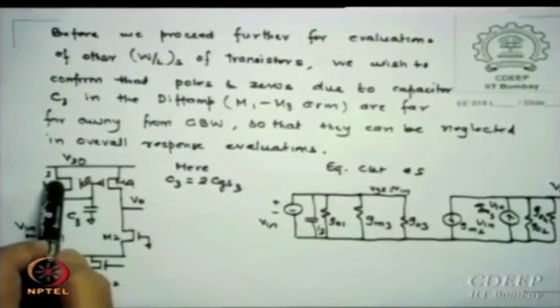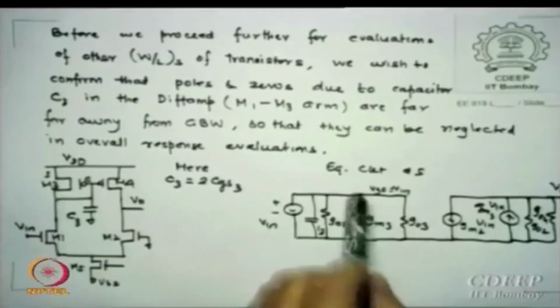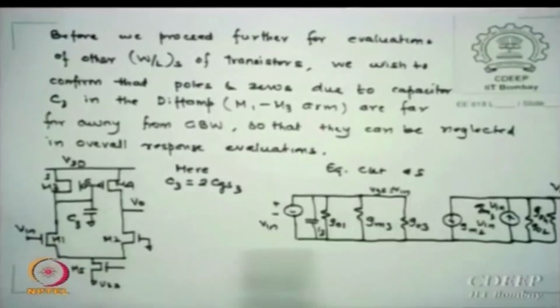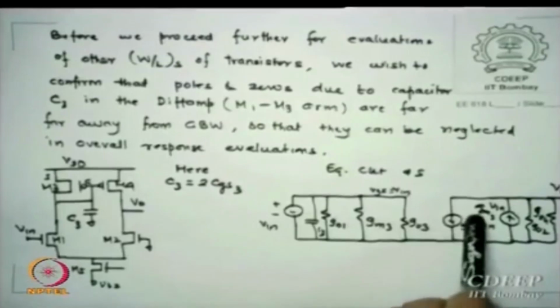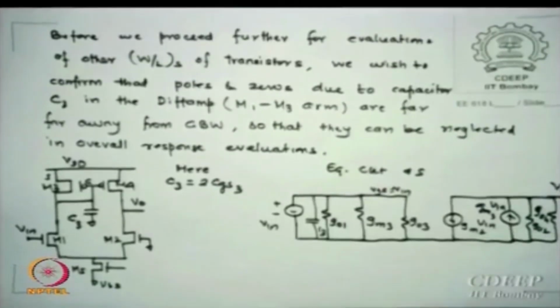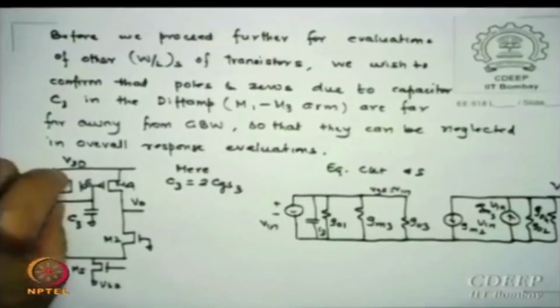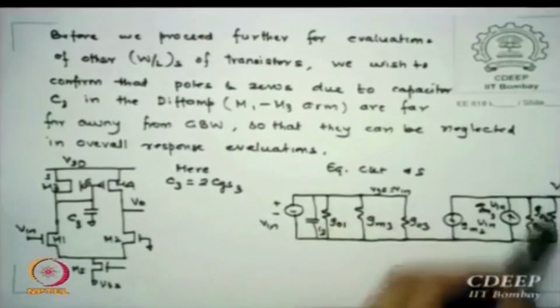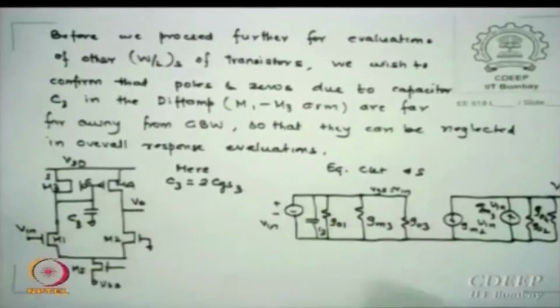Because this is diode connected, so GM3, and this is my VGS. On the other side, from this arm, GM2 Vin plus GM3 Vin. Now this current which I am showing is getting mirrored. Is that correct? So those mirrored currents are shown here. So this GM3 Vin, with GO2 and GO4 in parallel.